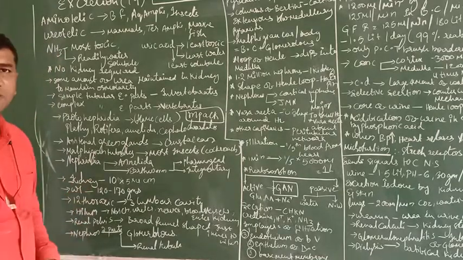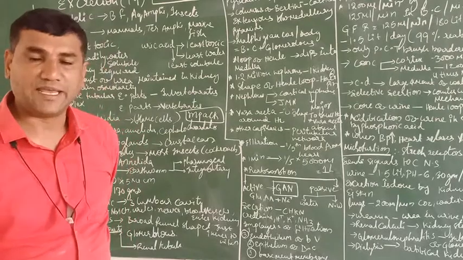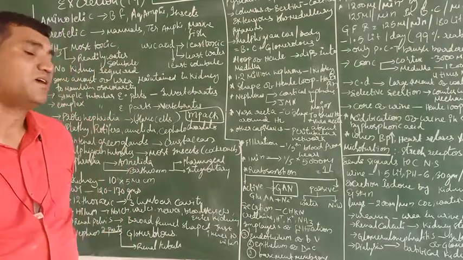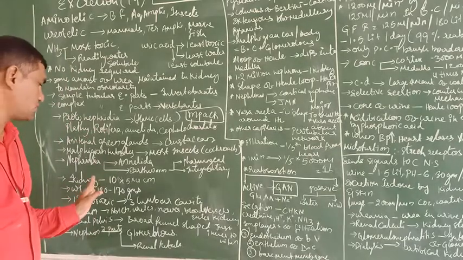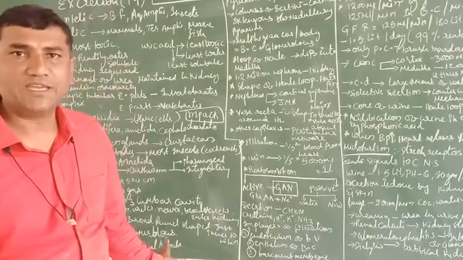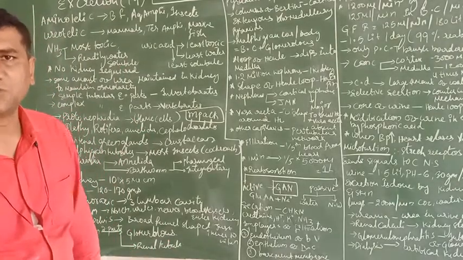Now coming to the kidney. The kidney is the functional and structural unit of elimination in the body, by filtration of blood. Generally, the kidney dimensions are 10 into 5 into 4 centimeters, that is length into breadth into thickness.